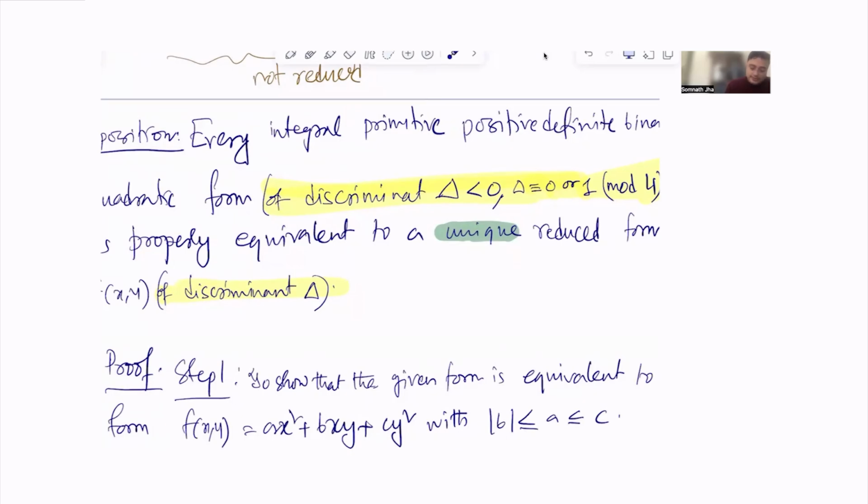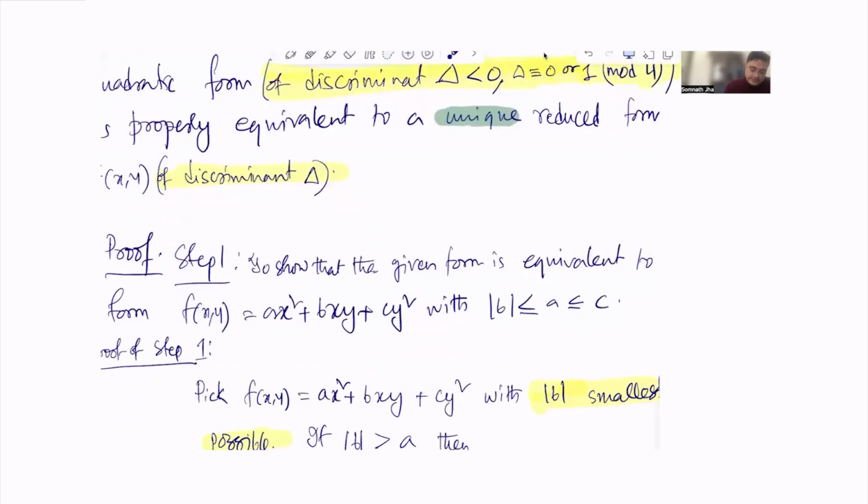Not only that, no two reduced forms of the same discriminant can be equivalent to each other. So every integral positive definite binary quadratic form is properly equivalent to a unique reduced form of discriminant Δ.